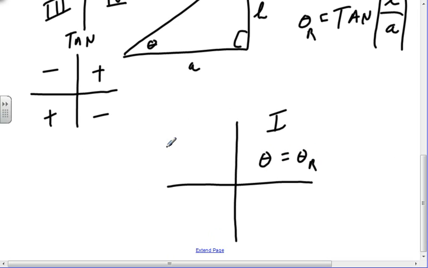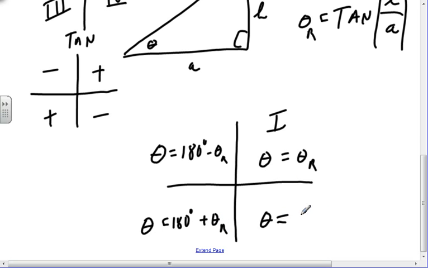If I'm in the second quadrant, then my angle is 180 degrees, which is a straight line type thing, minus the reference angle. If I'm in the third quadrant, it's 180 degrees plus the reference angle. And if I'm in the fourth quadrant, my angle is going to be 360 minus the reference angle.